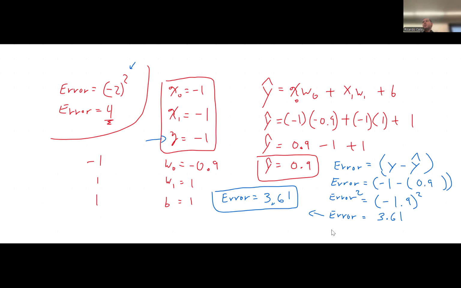We have to have a smarter way, because otherwise, how do I know? Okay, I did -0.9, but what do I do with W1? Do I do 1.10 or do I do 0.9? What do I do with the bias? Do I do 1.10 or 0.9? So how do you update all of these parameters efficiently? But right now you understand the objective.